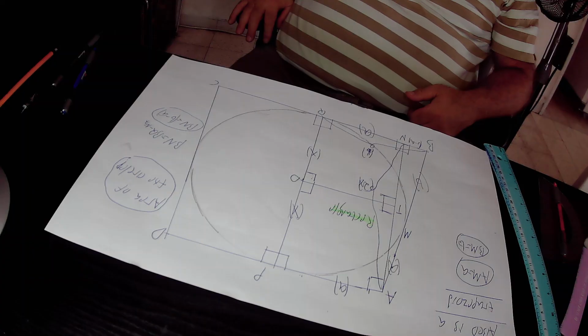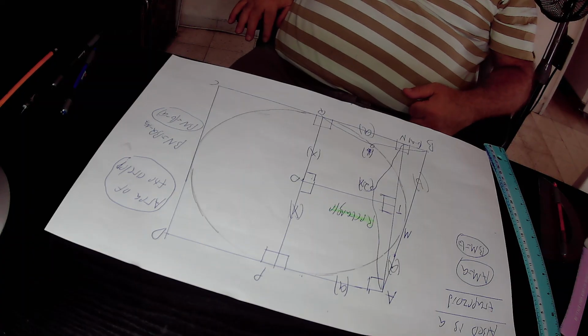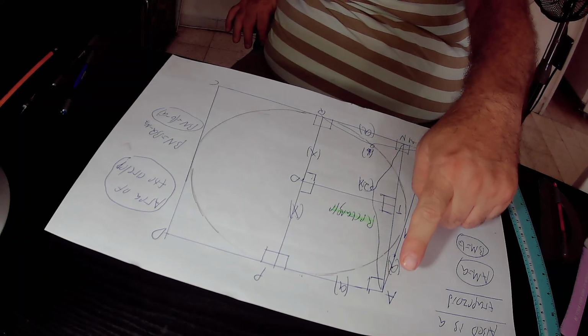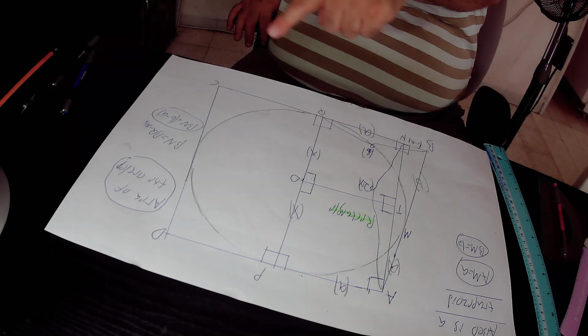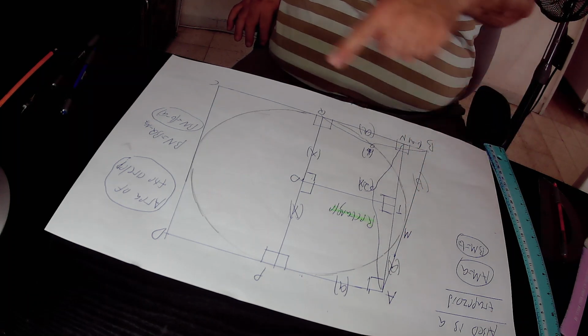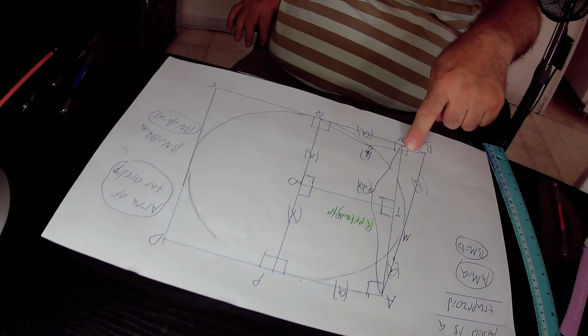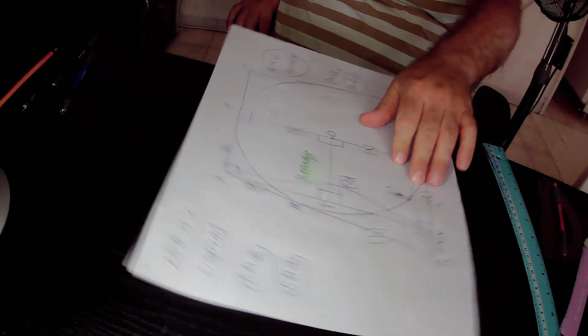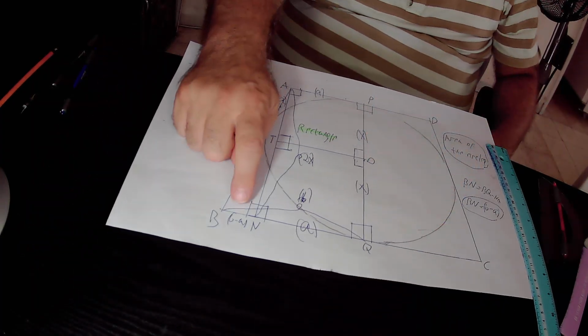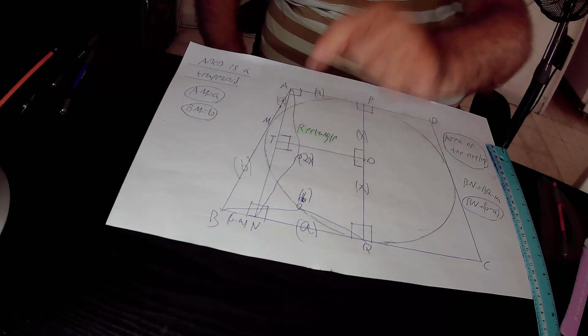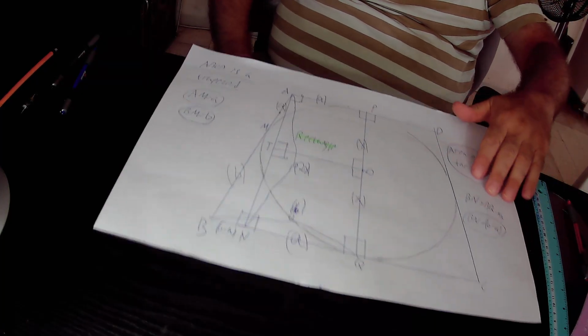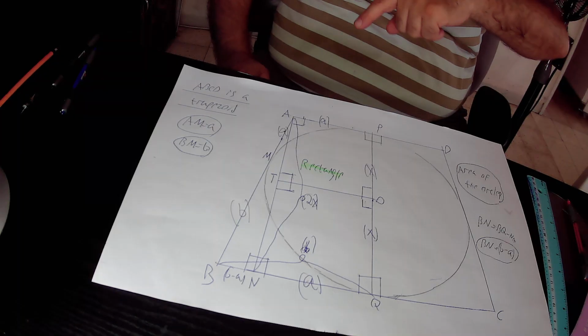In the next step, we did a construction, that is to say, from this point A, we draw a perpendicular on BC. Again, from point A, we draw a perpendicular on BC. So actually, this angle equals 90 degrees, this angle equals 90 degrees, and this angle also equals 90 degrees according to our construction. We find the touching point of the perpendicular from point A and BC.